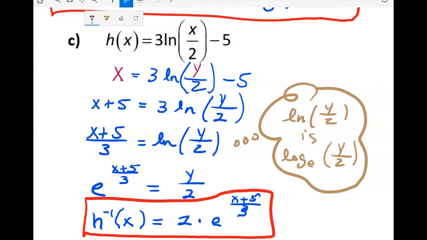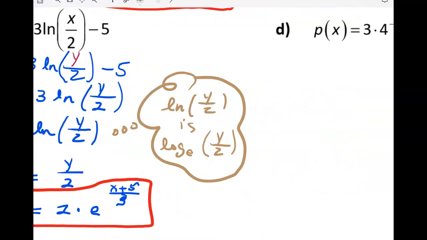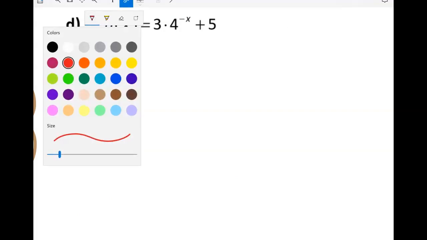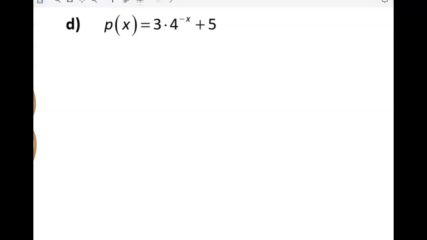All right, let's take a look at another exponential function. Yes, p of x is equal to 3 times 4 to the negative x plus 5. In order to create an inverse, we're going to replace the y with x, and the x with y.